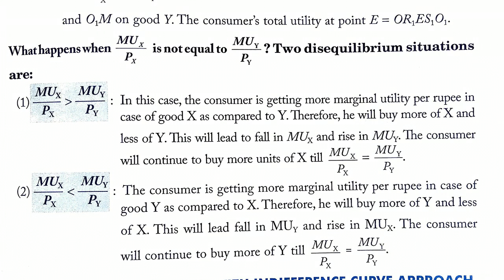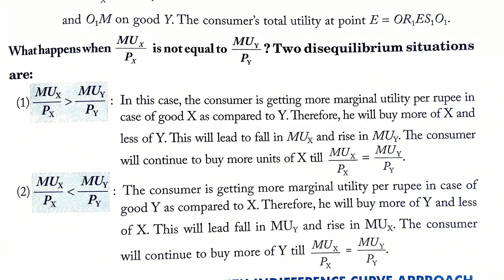He will allocate more money to Y and decrease the allocation of money to X. When he shifts from X to Y, he will decrease his consumption of X, and the marginal utility will increase. So when you decrease from 5 units to 4 units, your marginal utility increases. When you go backwards from more units to fewer units, your MU increases. And in case of Y, when you increase your consumption, your MU decreases.